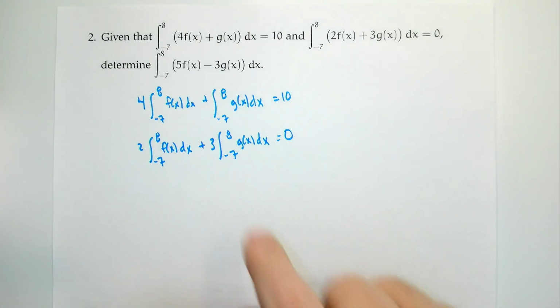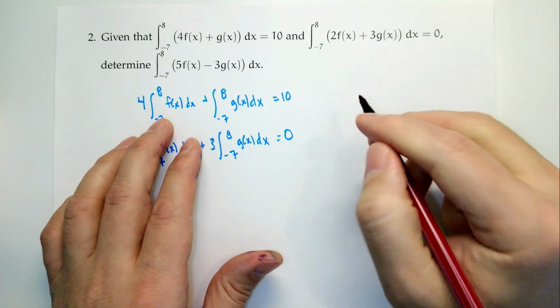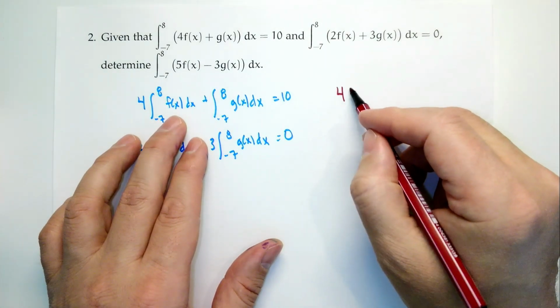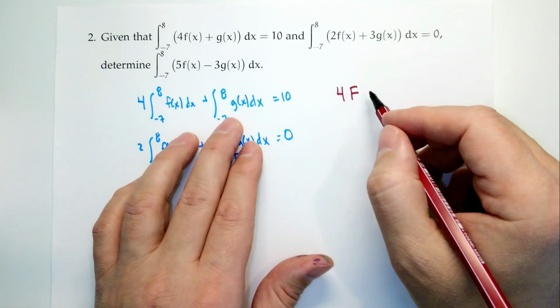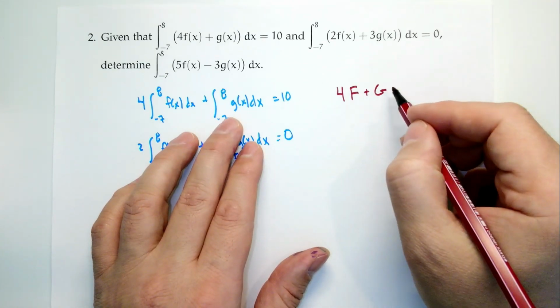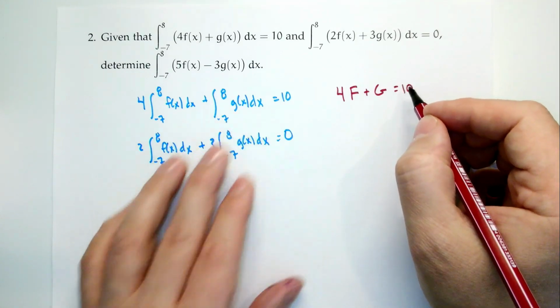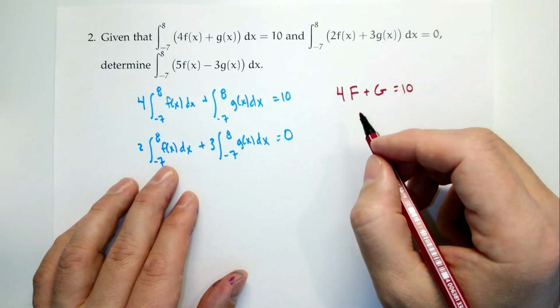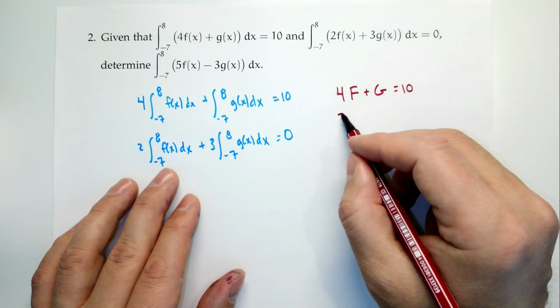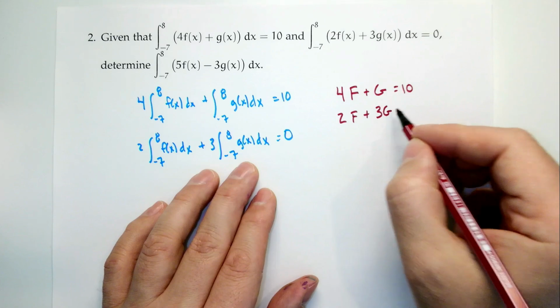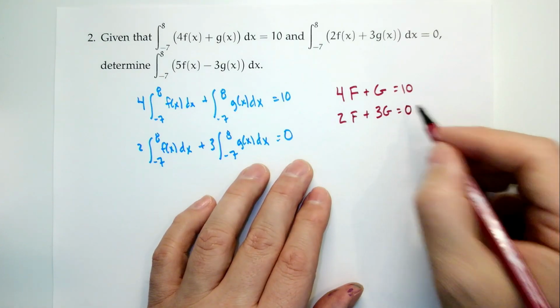So what I have is some combinations of numbers. So let's call the first number capital F. So it says 4 capital F plus capital G, because I'll call it this, wherever that number is, capital G equals 10. And here, this says 2 capital F plus 3 times capital G equals 0.